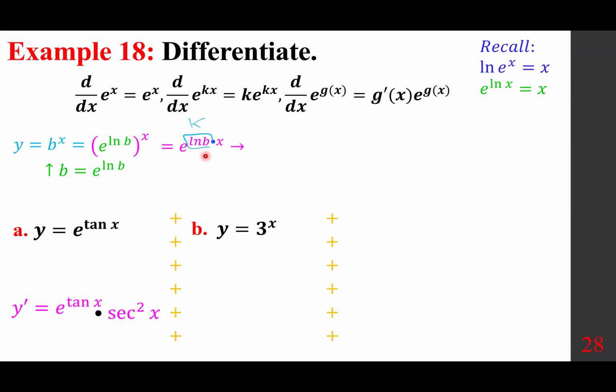So now I know how to differentiate this. The answer is itself times ln b. And now I'm going to put it back. e to the power of ln b is b, so I'm going to replace this with b, and I get b to the power of x times ln b.